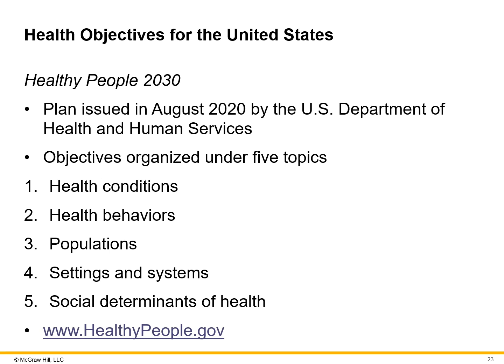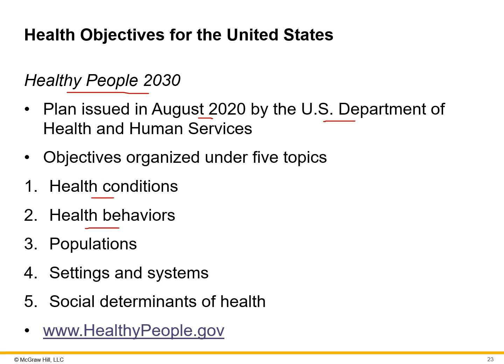All right, because obesity is becoming such an issue, Healthy People 2030 was developed. These are some health objectives by the United States. This is a plan by the U.S. Department of Health and Human Services, which they came up with in August 2020, the Healthy People 2030 initiative. And there are 5 topics that led this. Health conditions, so improving those.